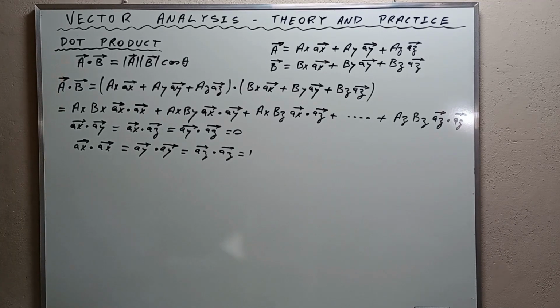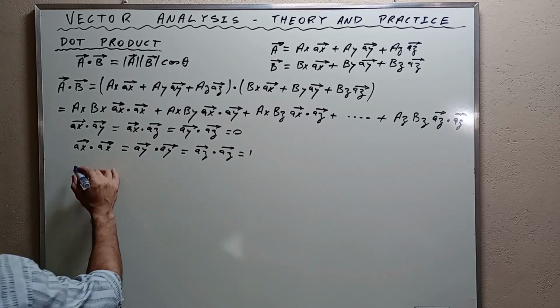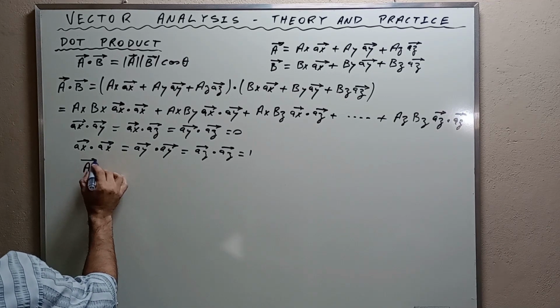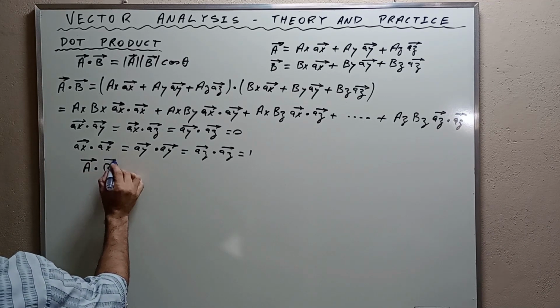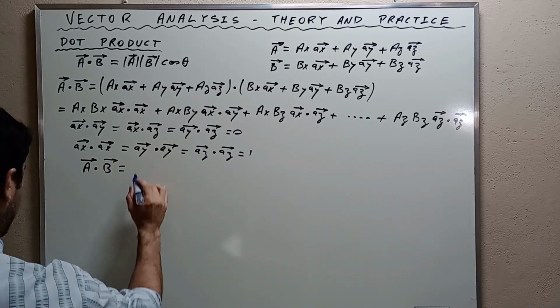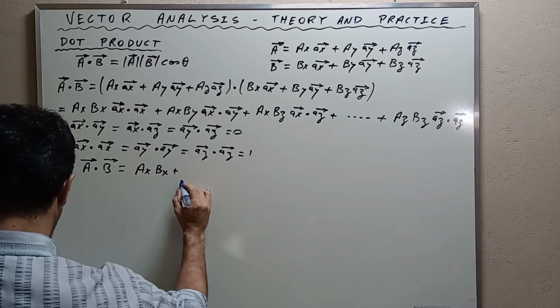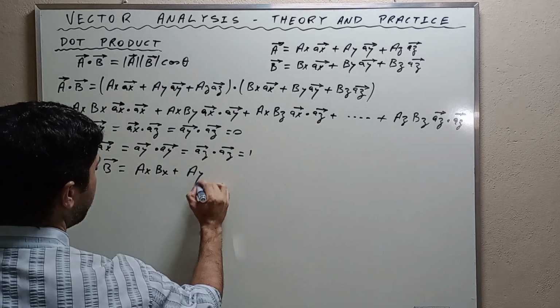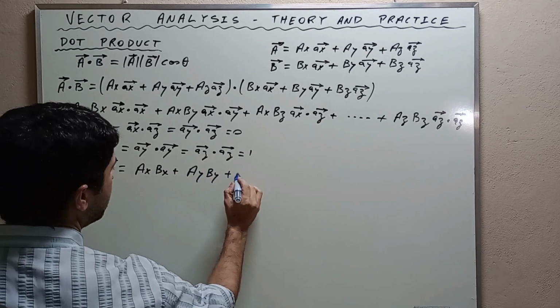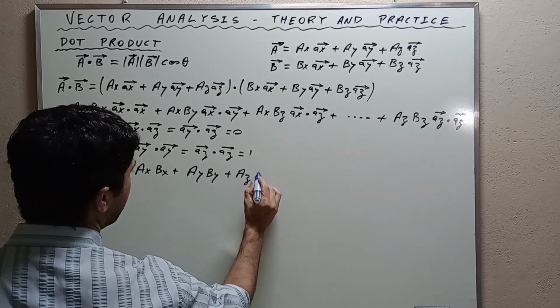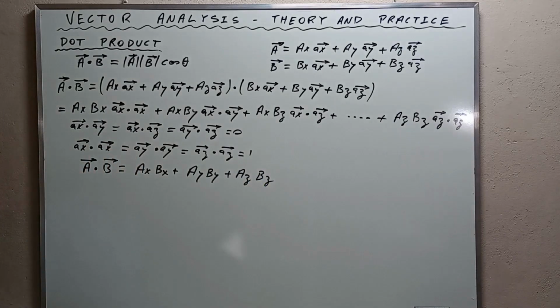Alternatively, we can write the dot product as a dot b is equal to ax bx plus ay by plus az bz.